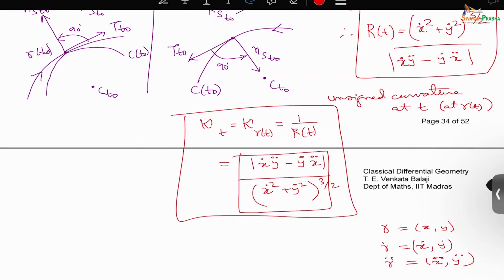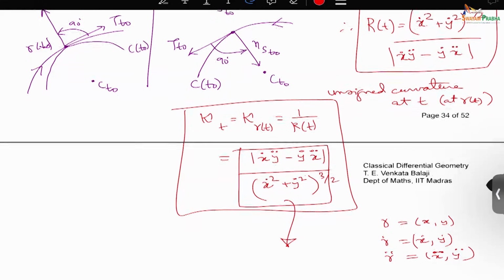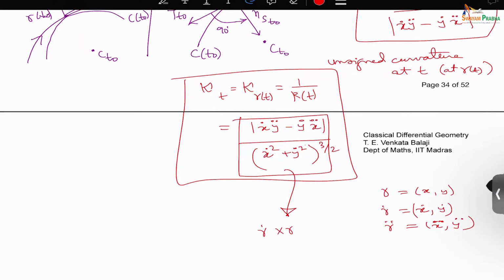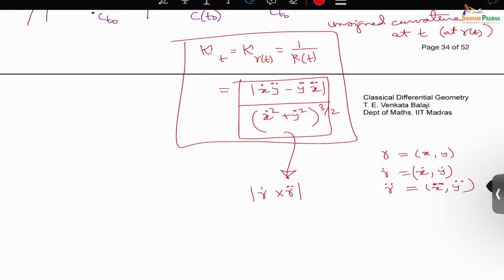And you can see what this quantity is. The numerator is the modulus of the cross product, gamma dot cross gamma double dot. And in the denominator is norm gamma dot to the 3 by 2. No, if I write the norm, I have to forget the half. So let me get rid of the half. It's norm gamma dot cubed.